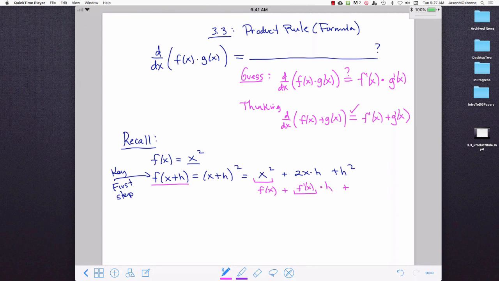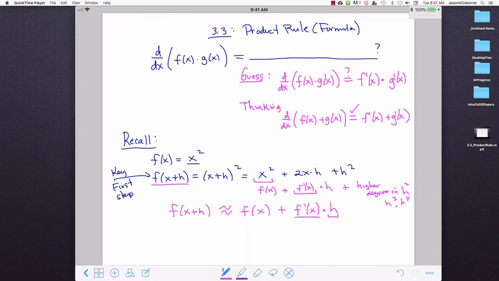And then there was stuff higher degree in h, like the h squared, h cubed, h to the fourth stuff. Right? But what we're essentially seeing here is that f of x plus h is approximately the function evaluated at x plus a little bit more, plus the derivative times a little bit h.